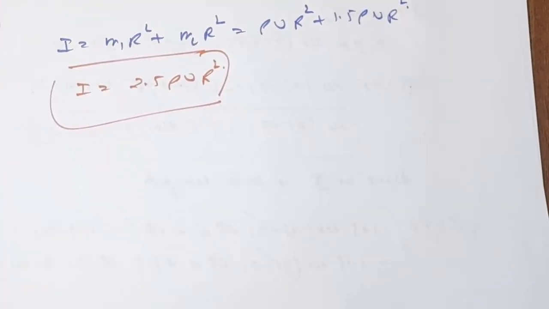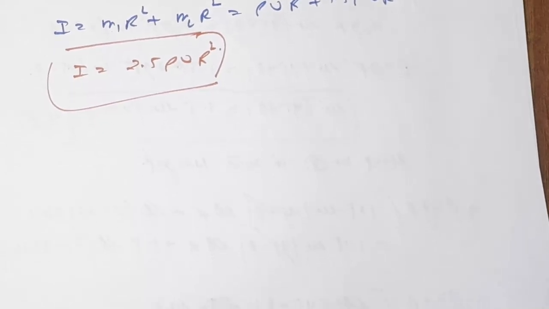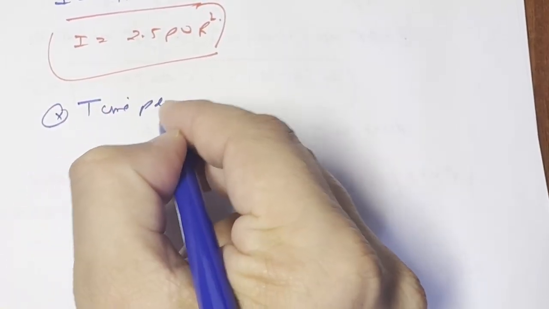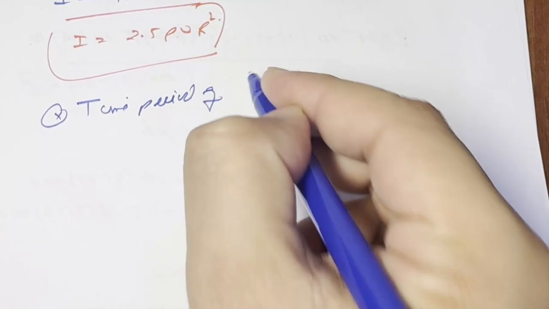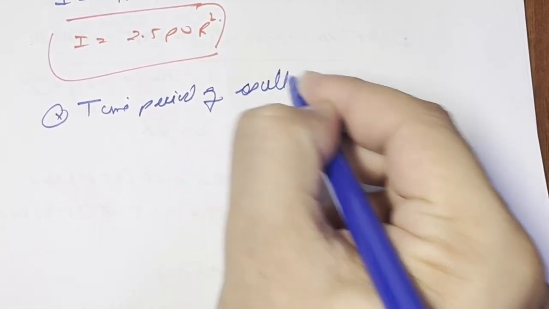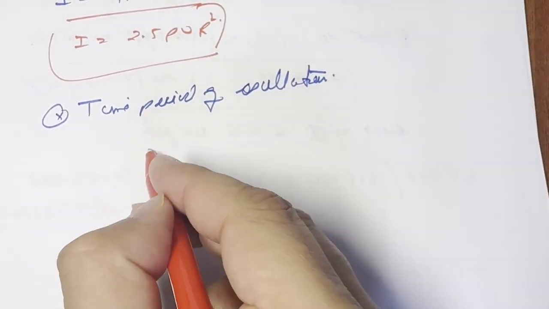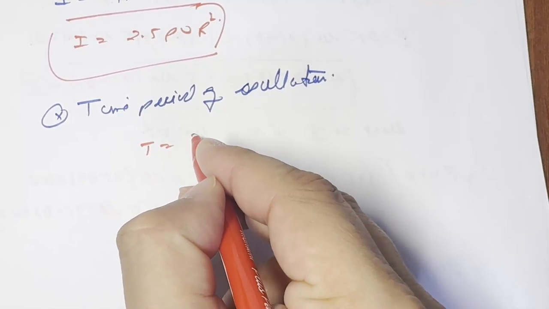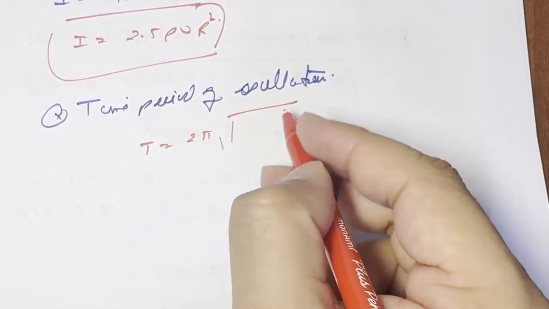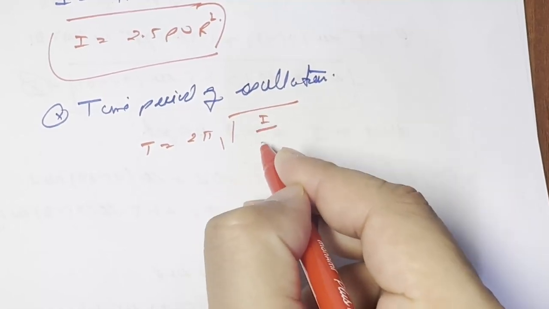So we know the equation for the time period for the SHM, which has a moment of inertia I and constant k: the time period of oscillation T will be equal to 2 pi square root of moment of inertia I divided by k.